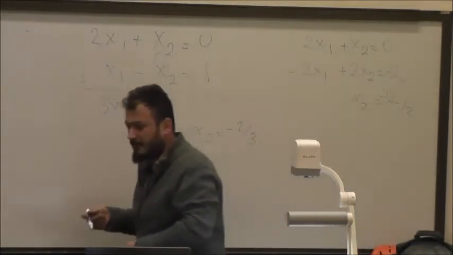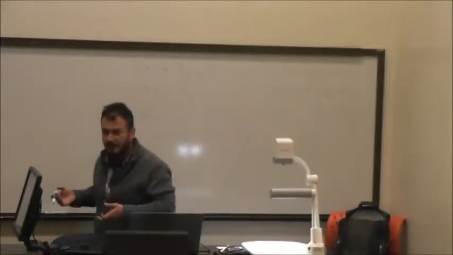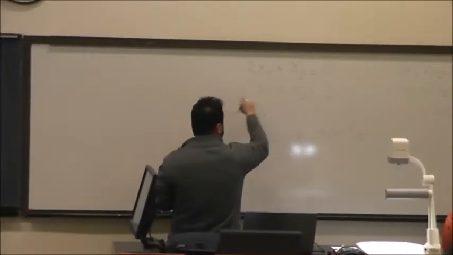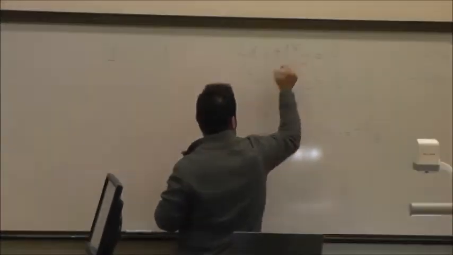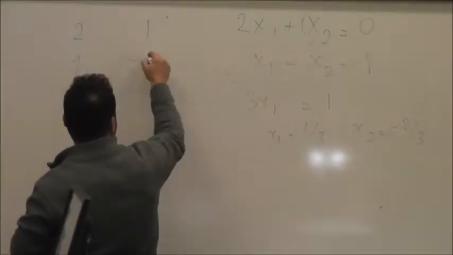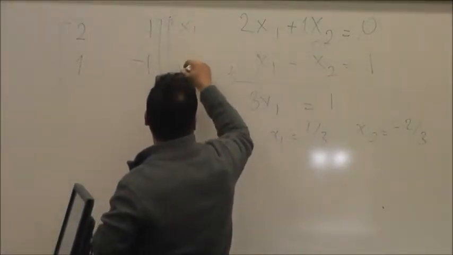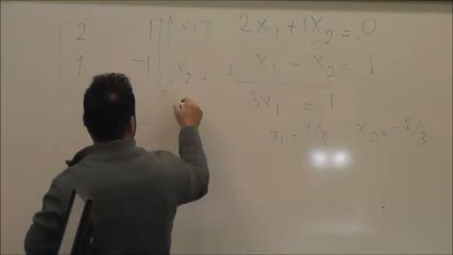And also, since we already took the linear systems and control course, we also know something like, okay, I have just two variables, and I have 2, 1, right? There is 1, minus 1. Okay, I have x1, x2, and this equals 0 and 1.